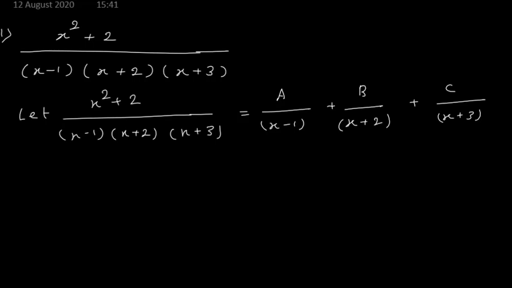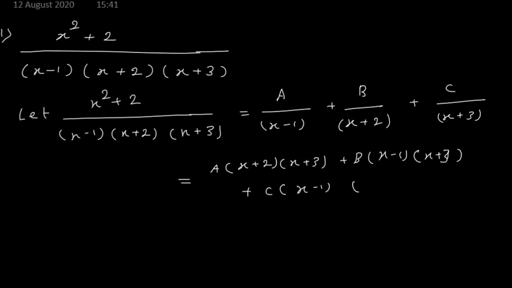Now you have to do some calculation so that the denominators on the left hand side and right hand side are the same. So we multiply a with x plus 2 and x plus 3, b with x minus 1 and x plus 3, and c with x minus 1 and x plus 2.